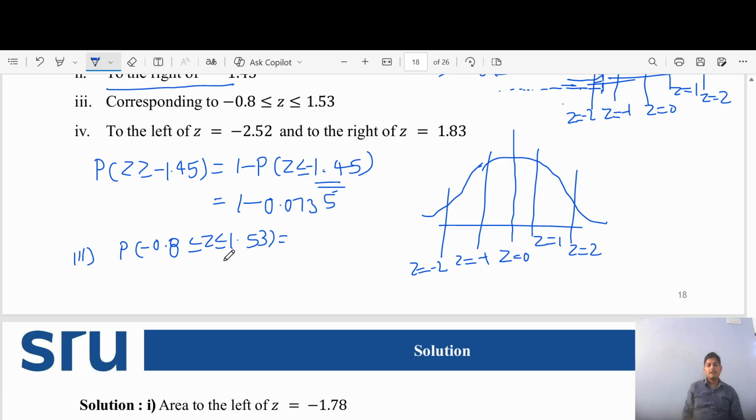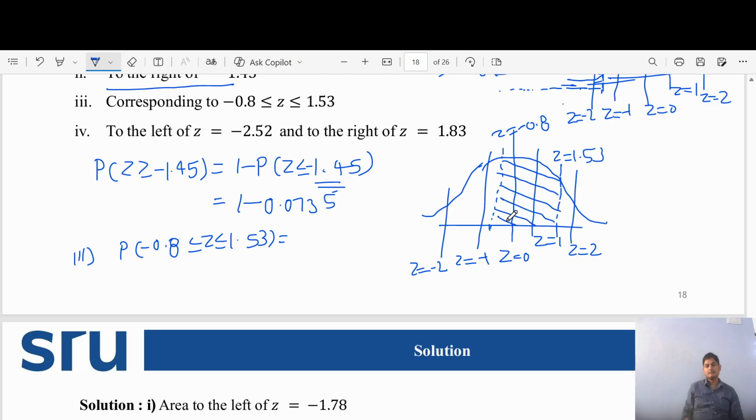Now, we want the area that lies between. So 1.53 is nothing but here. Minus 0.8 is nothing but here. Okay. So we want the area of this portion.